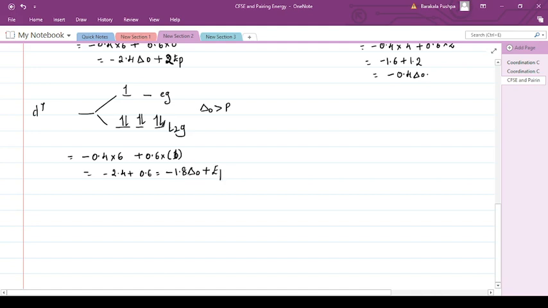So 1 pairing energy will be added to the total CFSE.